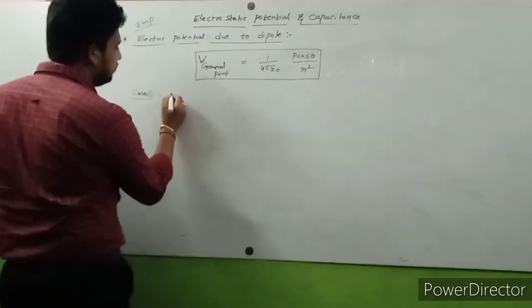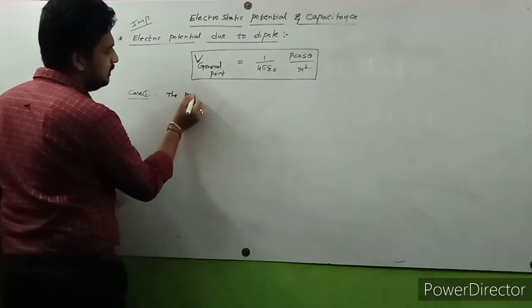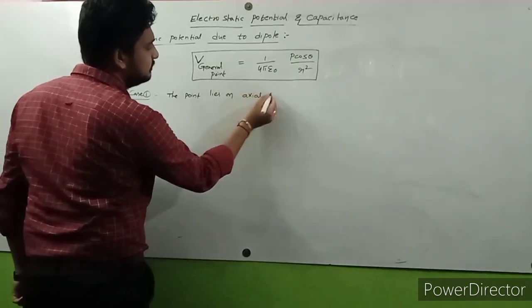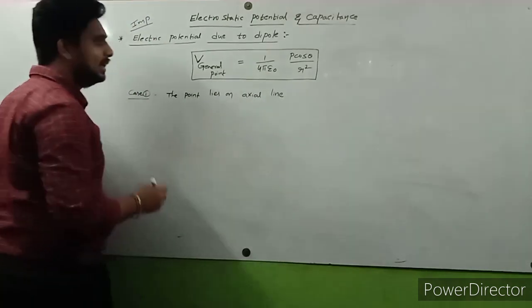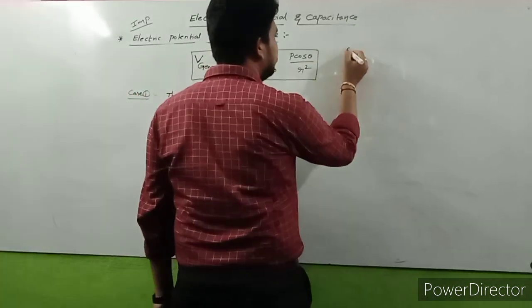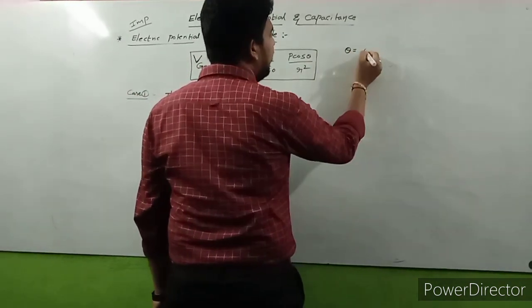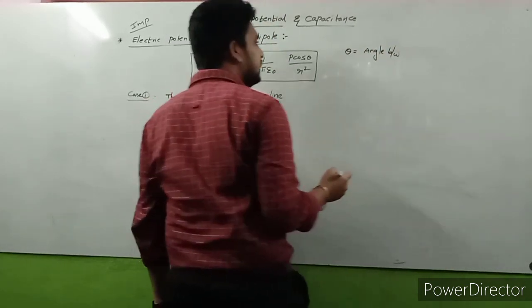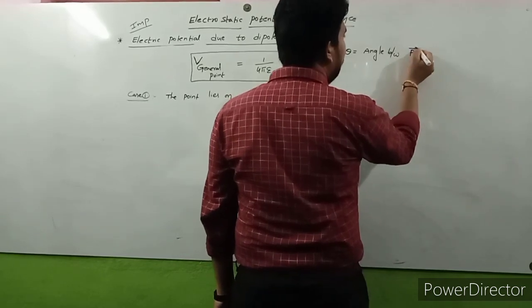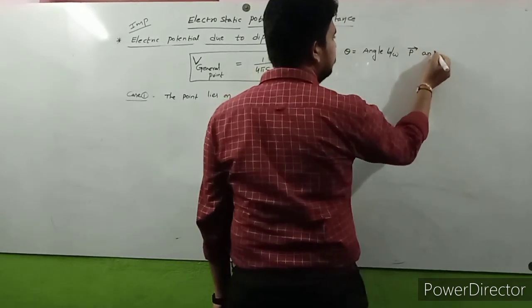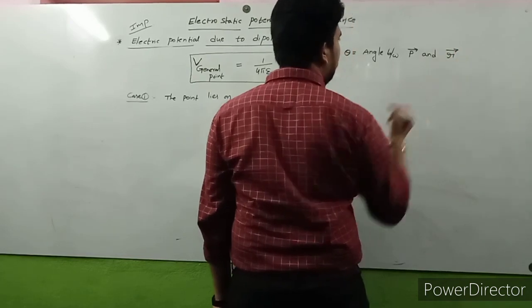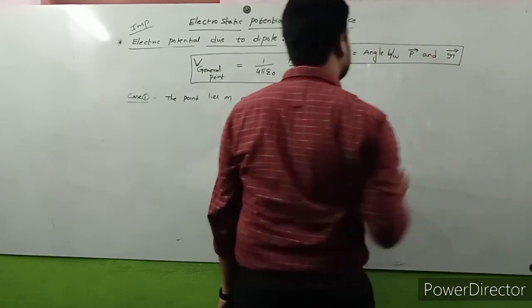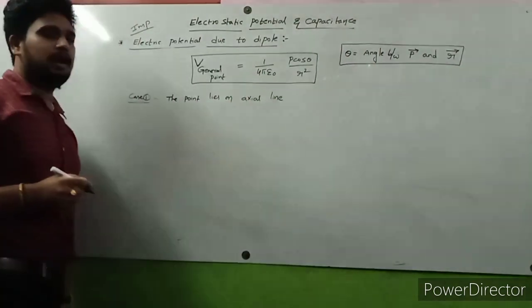The point lies on the axial line. Here theta is the angle between the dipole moment P bar and the position vector R bar.